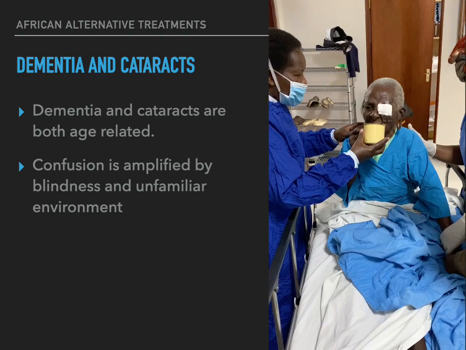So here's a patient with dementia and bilateral cataracts. She had just undergone MSICS surgery of the left eye, but her left eye is patched and the right eye still has a dense cataract. She's confused and very upset.